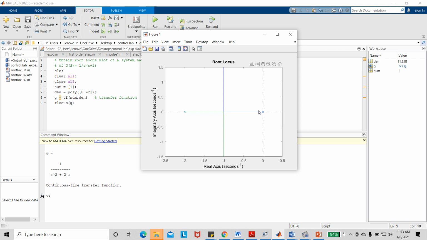The root locus plot is used to observe the movement of poles of the transfer function. Here, these points show the poles of the system. The first pole is at s = 0 and the second pole at s = -2, like here, first and second.